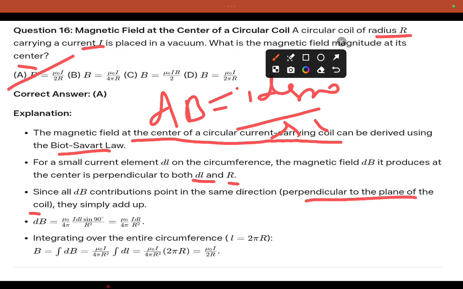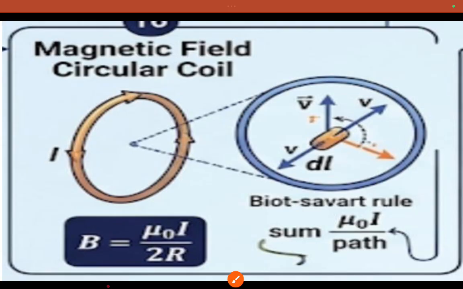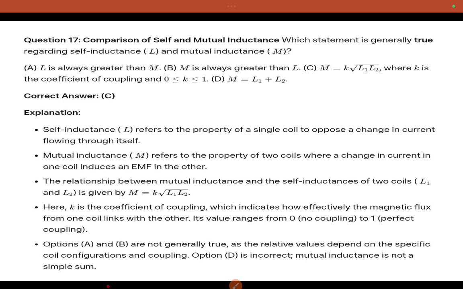So dB is mu naught by 4 pi I dL sin theta by R square, where theta is 90 degrees. By integration you get mu naught by 4 pi times I times 2 pi R by R square, the 2 cancels, so mu naught I by 2R. This is the magnetic field of a circular coil as per the Biot-Savart law.